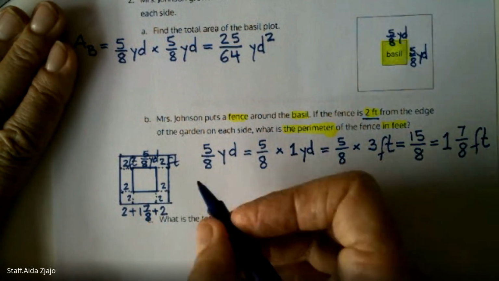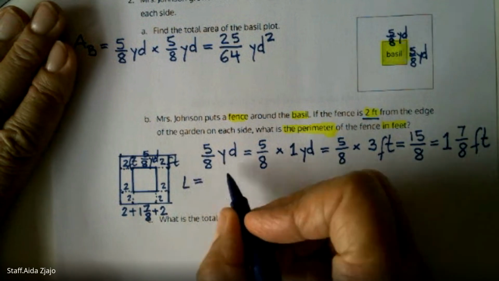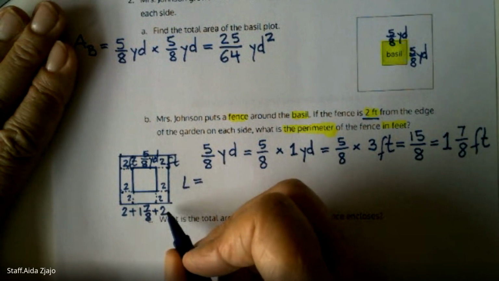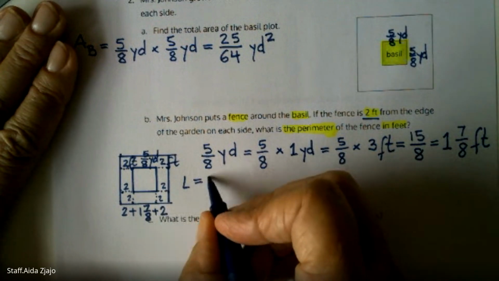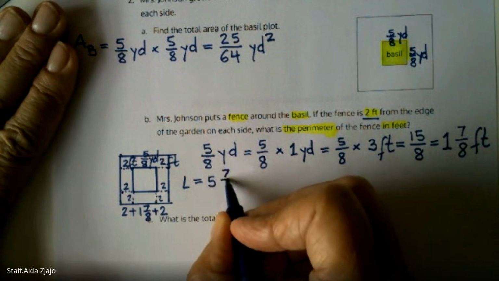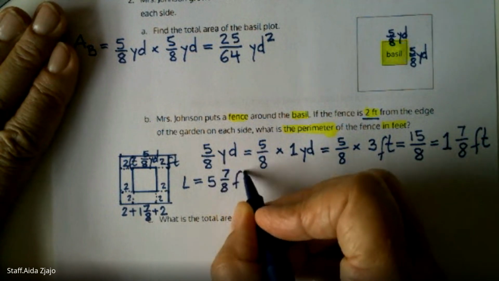So L equals 2 plus 2 is 4, plus 1 is 5, so it's 5 and 7/8 feet.